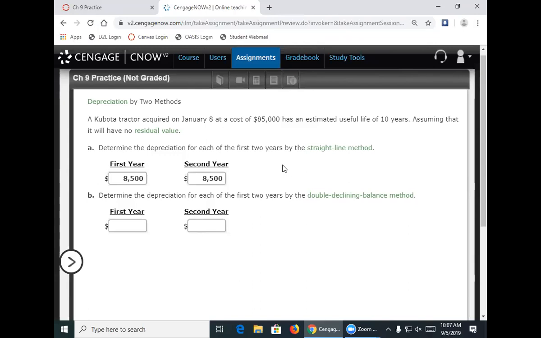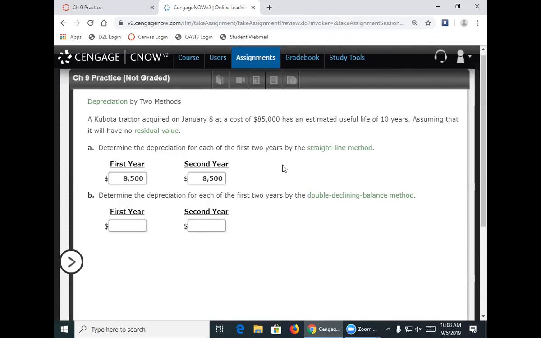Okay. Step 2, you want to calculate the double declining balance rate. It's also really easy. Double declining balance rate is just double your straight line rate. So your straight line rate times 2, or 10% times 2. You're just doubling your straight line rate.